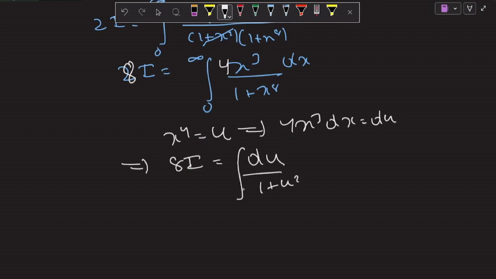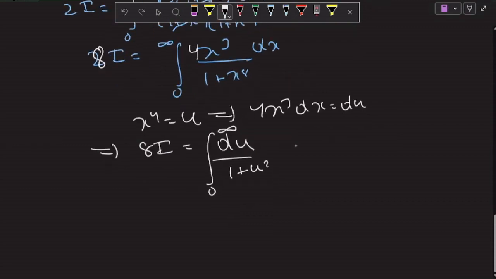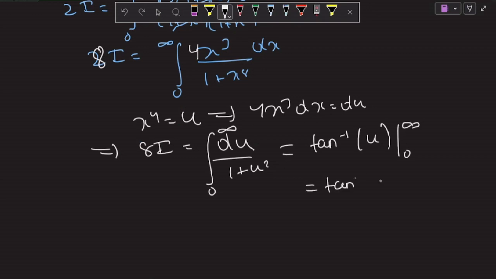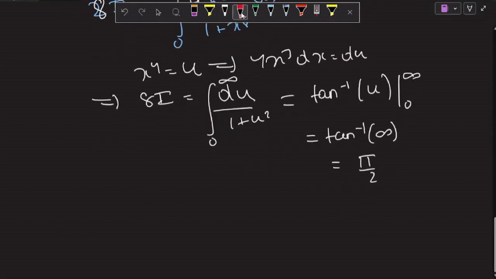And also the limits remain the same, 0 to infinity, which is simply tan inverse of u from 0 to infinity, which is tan inverse of infinity, which simply converges to pi by 2. And hence we have the answer as I is equal to pi over 16.